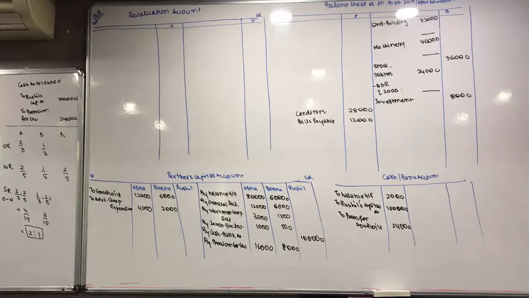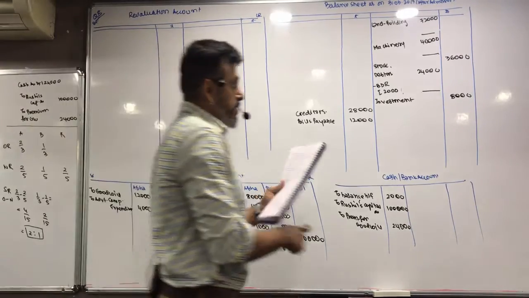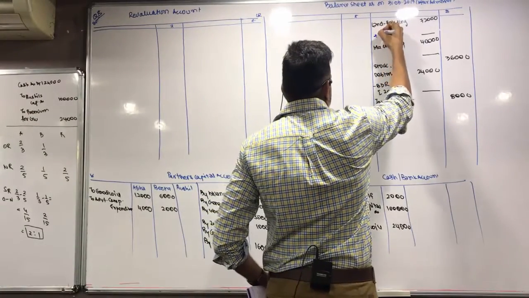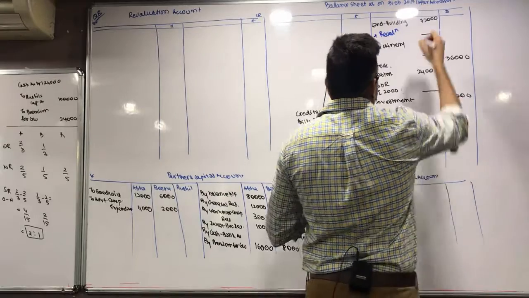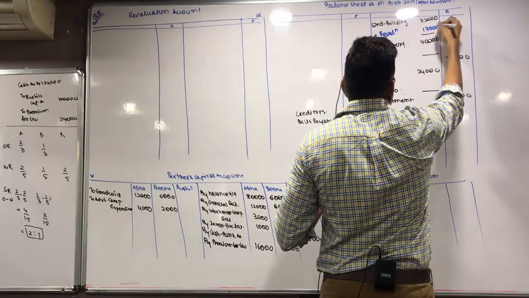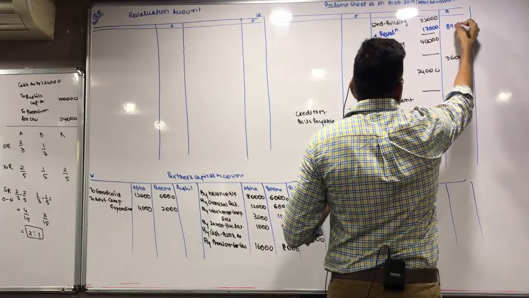Next, value of land and building is to be increased by 17,000. So let's do this. Thus increase on revaluation 17,000, 89,000.